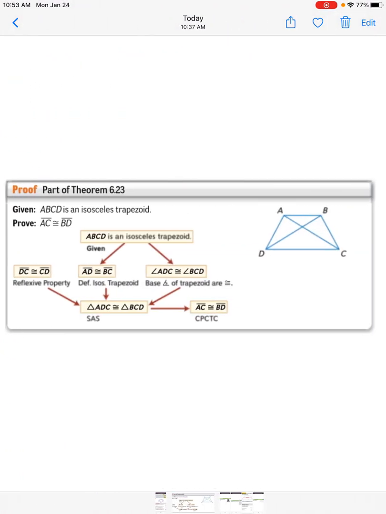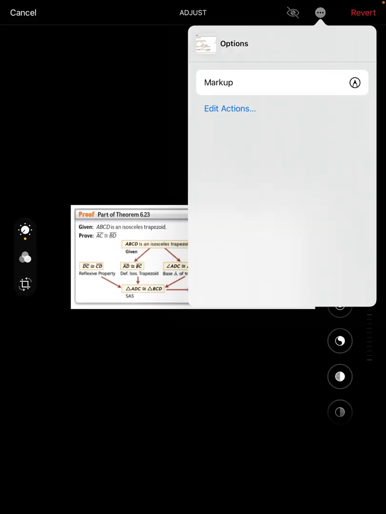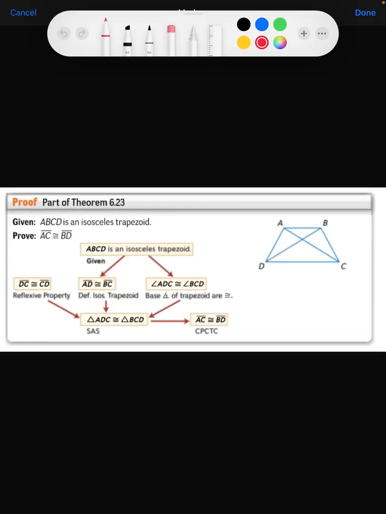Let's take a look at the proof for that. If we're given an isosceles trapezoid, so we already know the trapezoid is isosceles, we want to prove that our diagonals are equal, so that AC equals BD. So we can say AD and BC are equal to each other because that's our definition of an isosceles trapezoid.